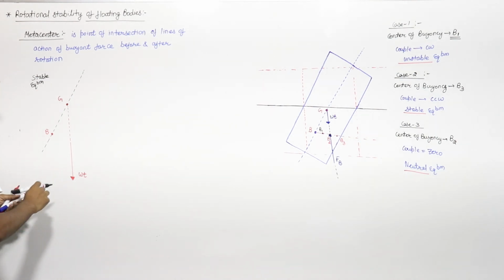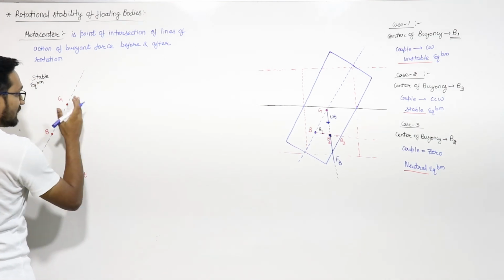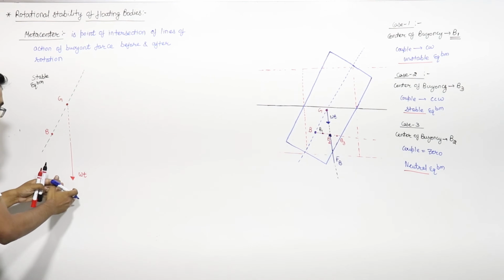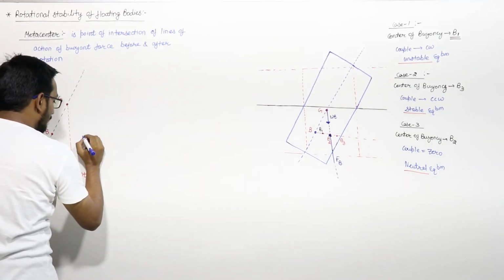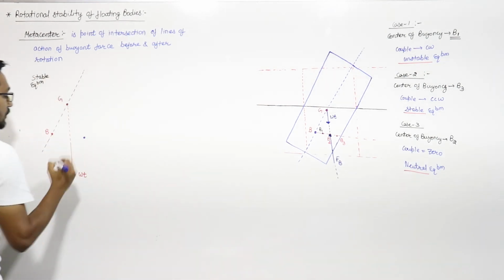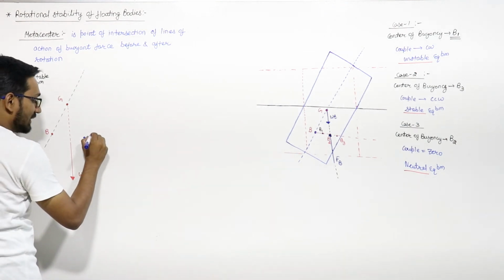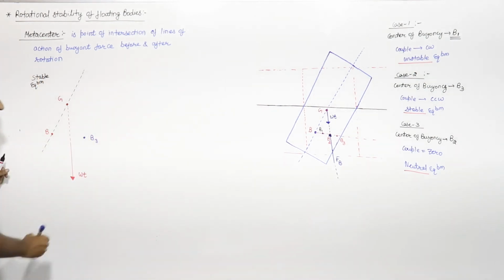So the new center of buoyancy will be on the right side of this line of action of weight. Let us say this is the new center of buoyancy, B3.